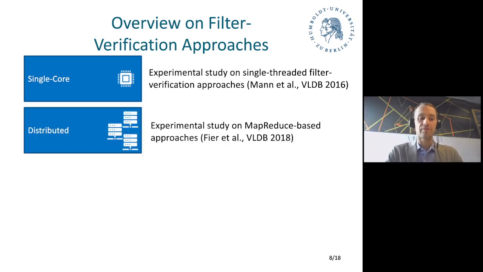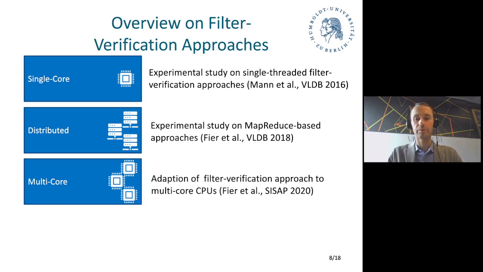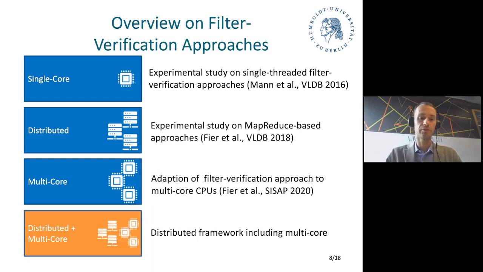Then, based on the assumption that dataset sizes increase, many MapReduce-based approaches emerged, and we compared these in a VLDB paper in 2018. Last year I presented an adaptation of the filter and verification approach to multi-core CPUs. And this is where the new work comes in. So I use the multi-core version of the filter and verification approach and add distribution, or make a distributed framework on top of it.